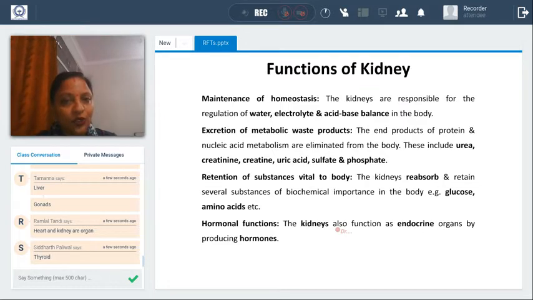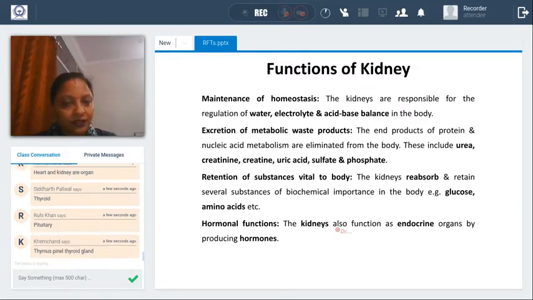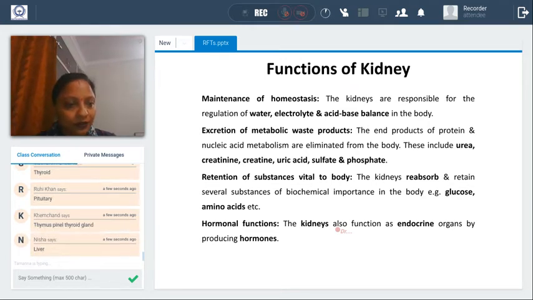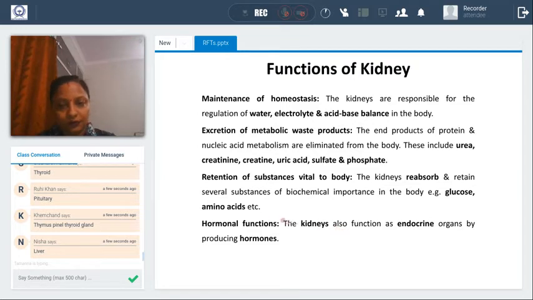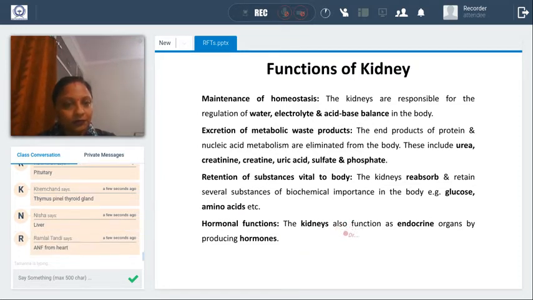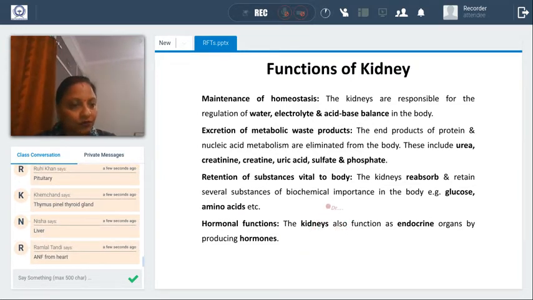You have studied in physiology in previous year. Name any two endocrine glands which produce hormones. Pituitary gland, you might have heard.